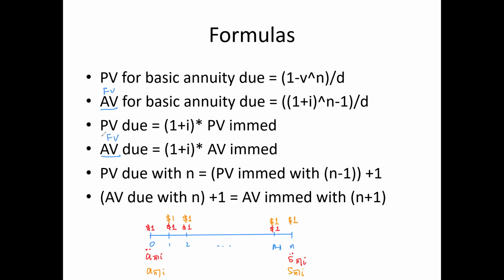All right. So first of all, the relation between these two quantities is this: A double-dot sub n angle i equals 1 plus i times A sub n angle i.